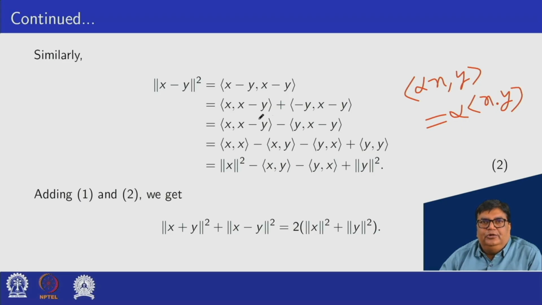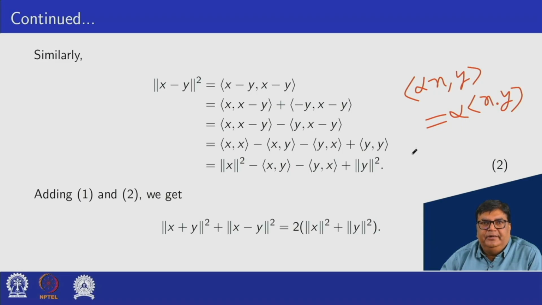Again, using the first property of inner product, this can be written as the inner product of x, x minus the inner product of x, y minus the inner product of y, x, and this is minus and this minus, that is plus the inner product of y, y.